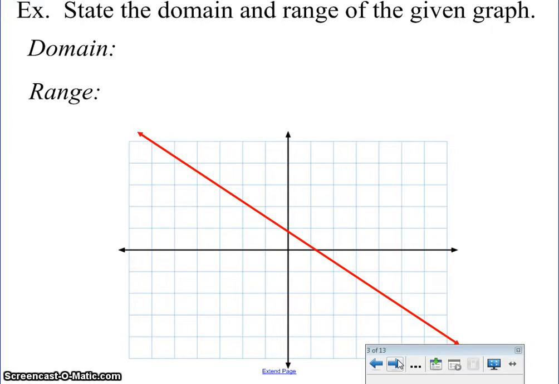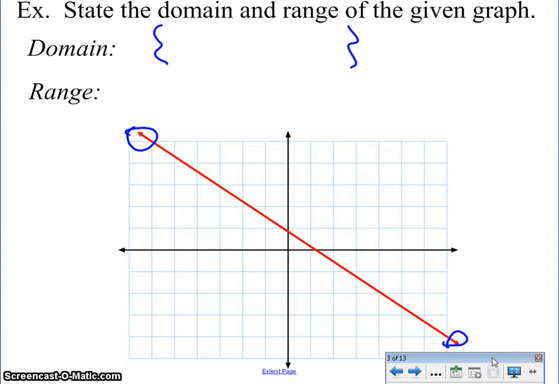All right, so for the domain here, again, we see those arrows, and the arrows are going in the left-right direction, so this way is my domain, and because of those arrows, I know it's going on continually.